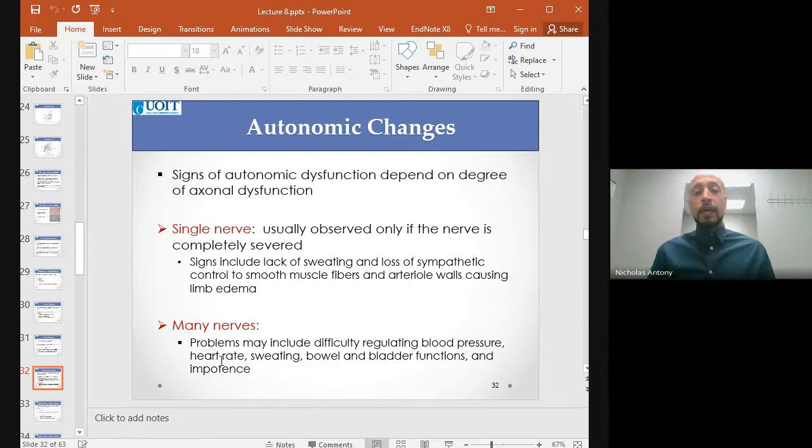If we have autonomic changes in a group of peripheral nerves, something like a polyneuropathy or diabetes, that would cause systemic or more global changes. We will see problems with regulating blood pressure, heart rate, sweating, bladder function, more systemic stuff. Does that make sense, everyone?